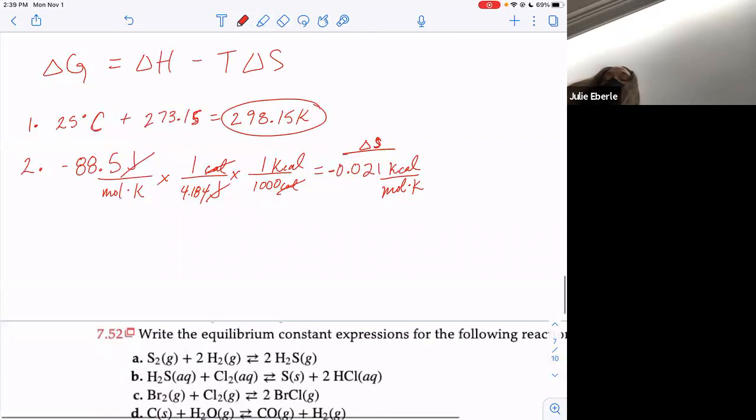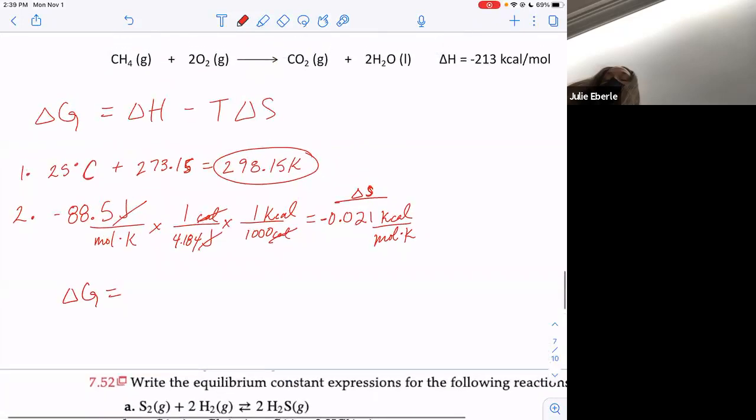Okay, so now what should I do? Delta G equals, plug in our delta H, which is negative 213 kcal per mole. Don't forget the negative.